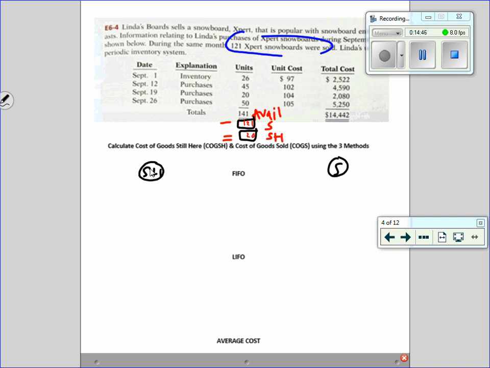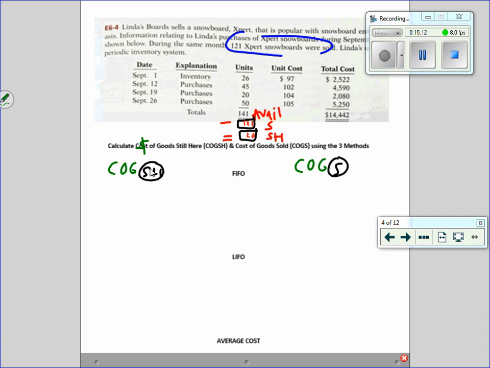We're going to go really slow. Calculate the cost. So again, notice it's called cost of goods shush and cost of goods sold. So again, top portion is stuff, bottom portion is value or dollar amount.